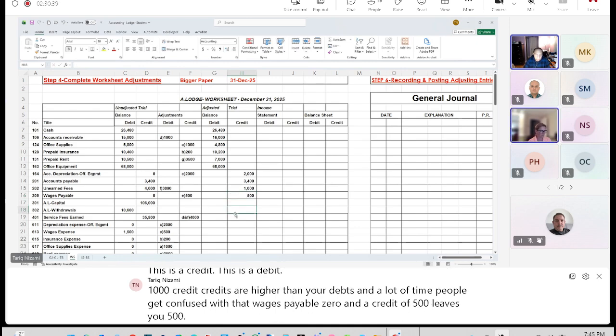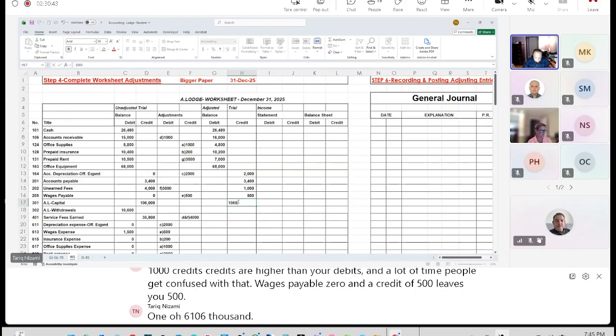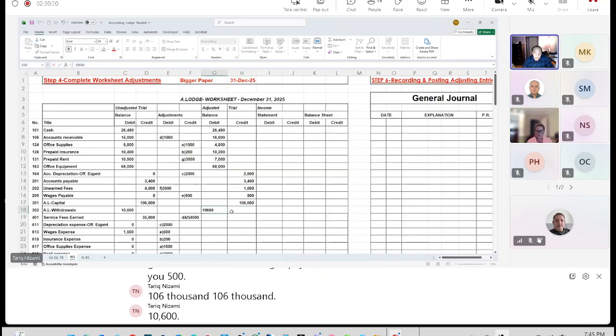500. 106,000, 106,000. 10,600. Yeah. Then 35,800 credit and a 4,000 credit will be 39,800 credit.